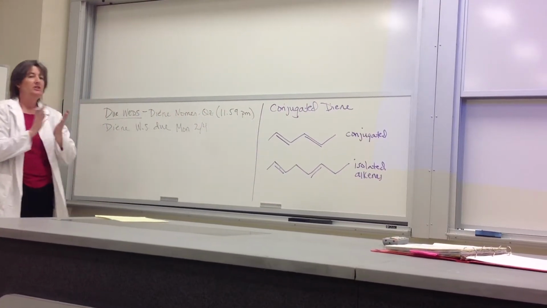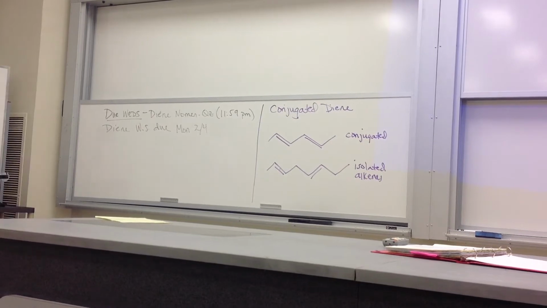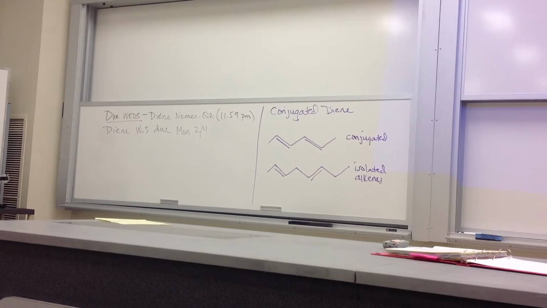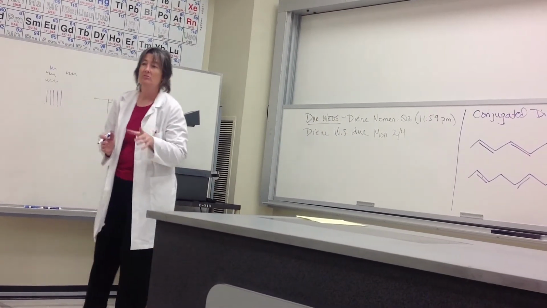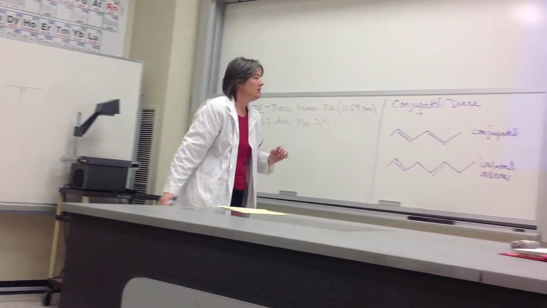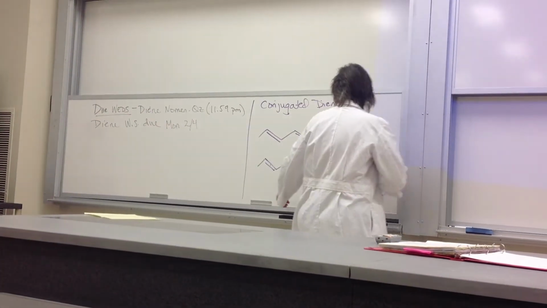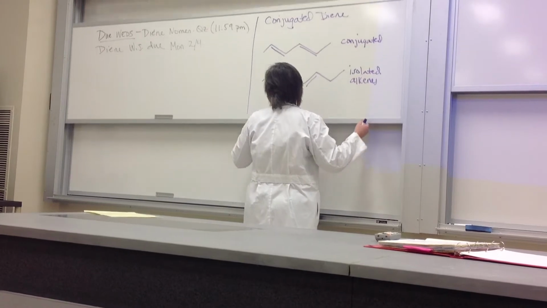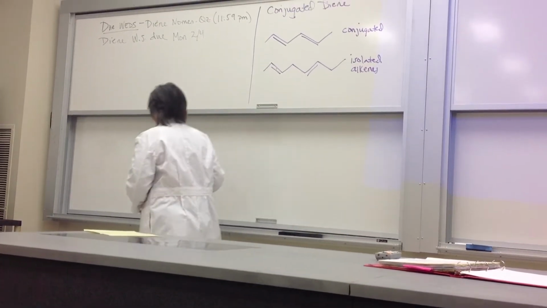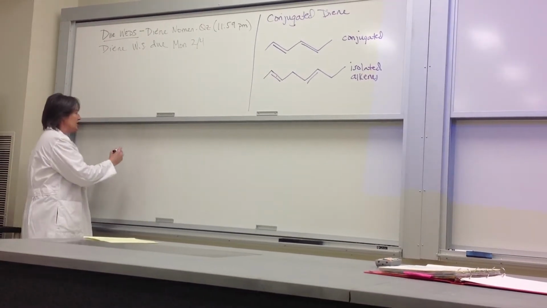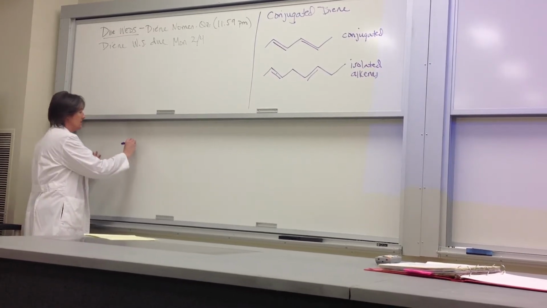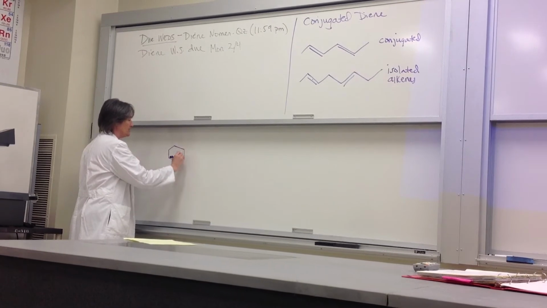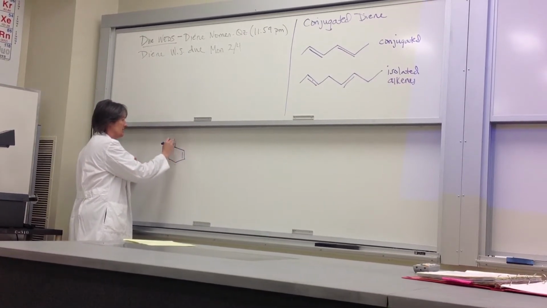So we're going to do our discussion today focused on the simplest conjugated diene, which is 1,3-butadiene. But it's not limited to that. It could work for trienes, and on your homework there are some trienes that you'll notice too. You also can have conjugated diene-like molecules, but they contain something other than just double bonds.